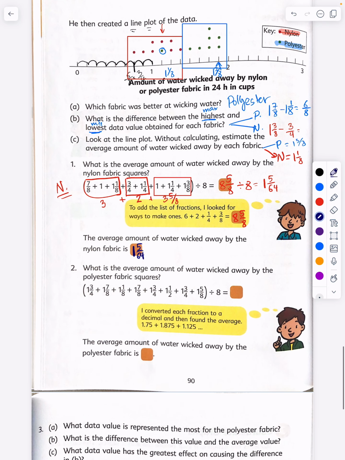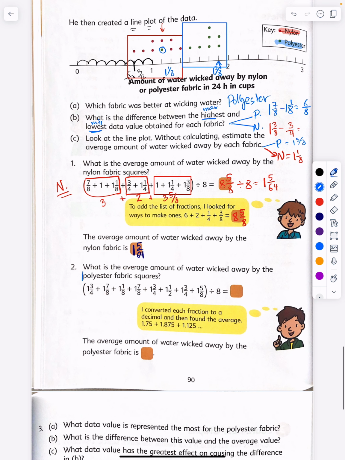Now let's do the same and calculate the average amount of water wicked away by polyester fabric. Above, we looked at just the red dots, nylon fabric, and here we are looking at polyester fabric. Now here it's a little bit harder to add everything up, but it is doable. Take a look. 1 7/8 and 1 1/8.